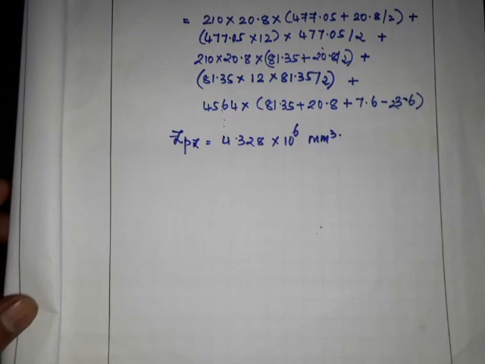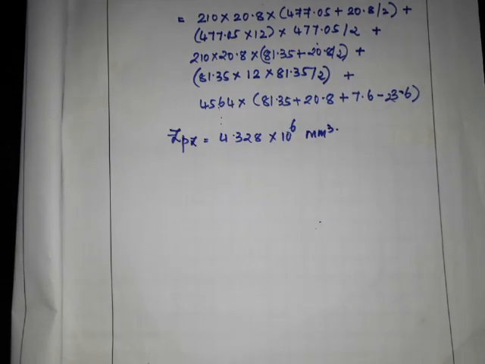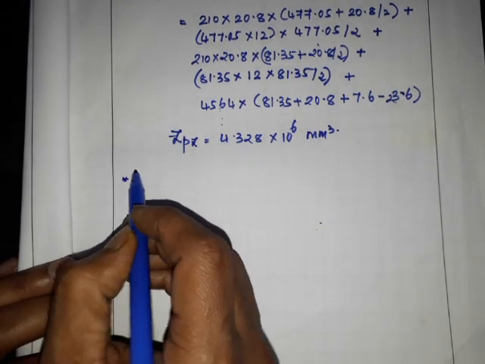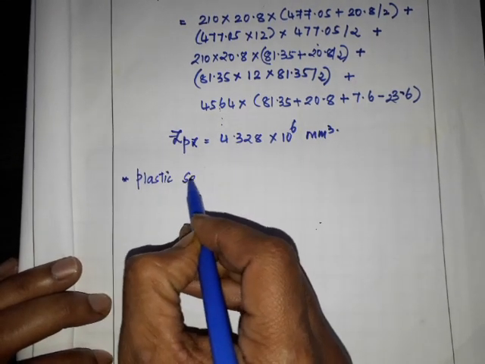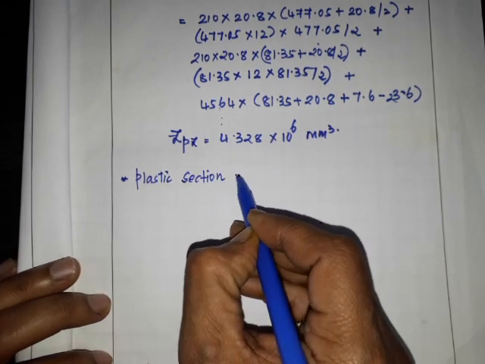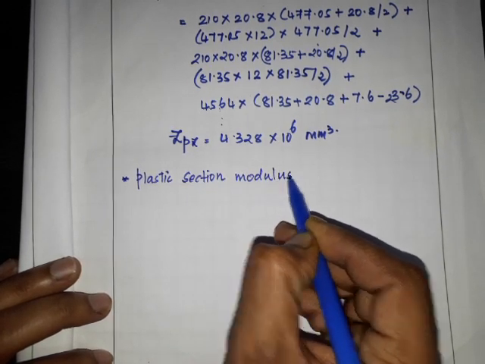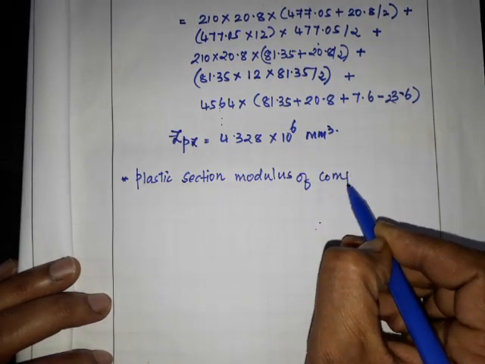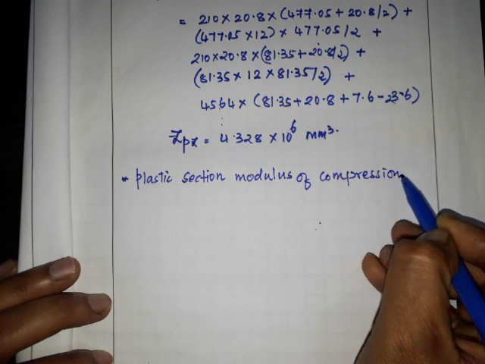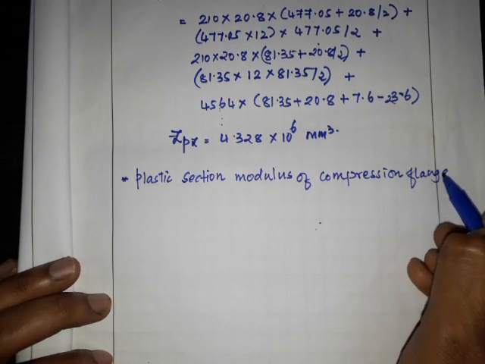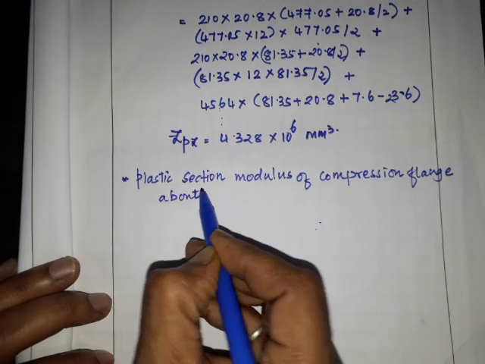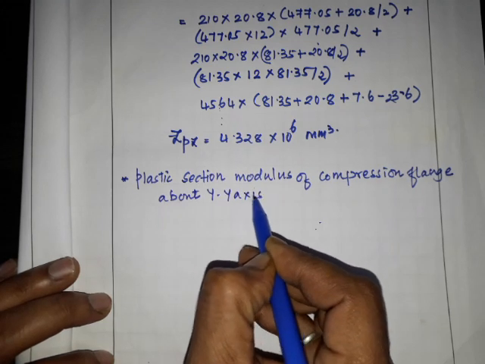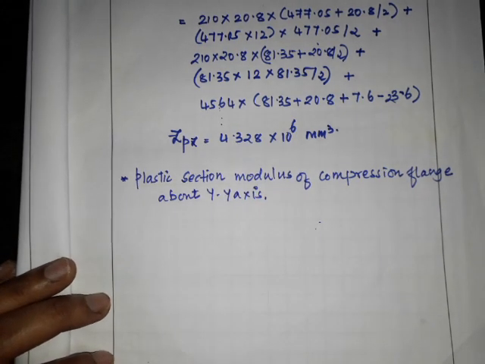Okay. So after calculating ZPZ, you have to go for the next, that is the plastic section modulus of the compression flange about the y-y axis, correct?